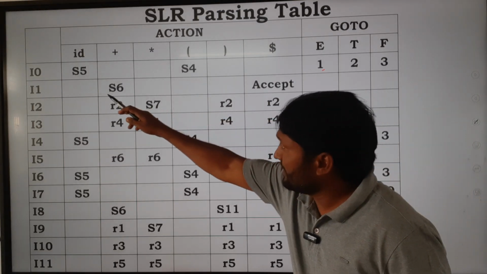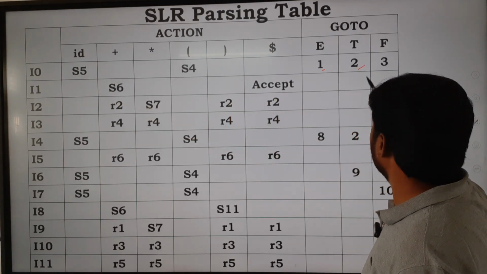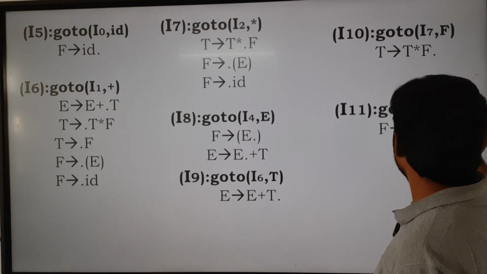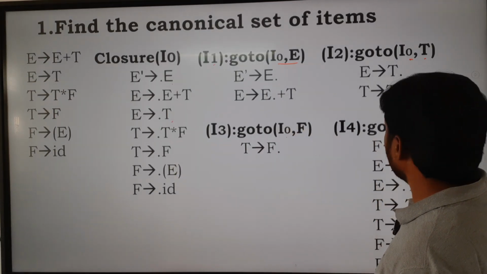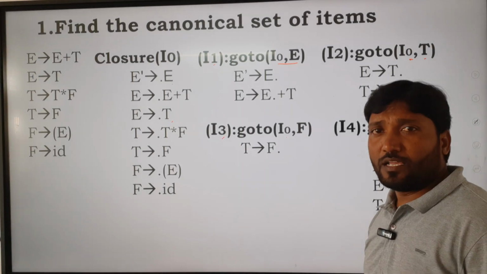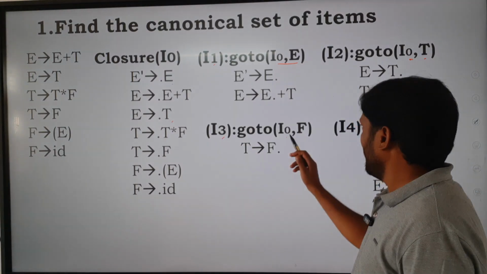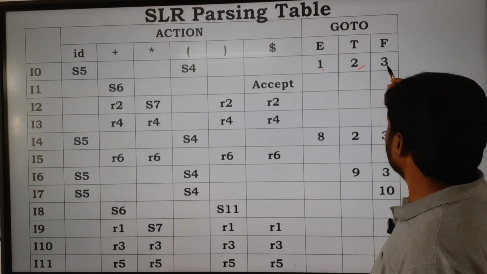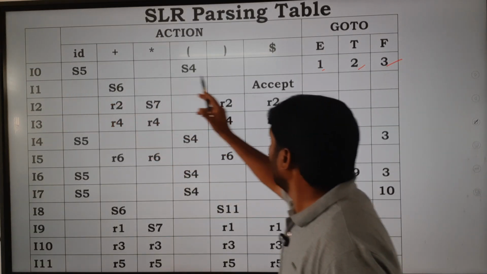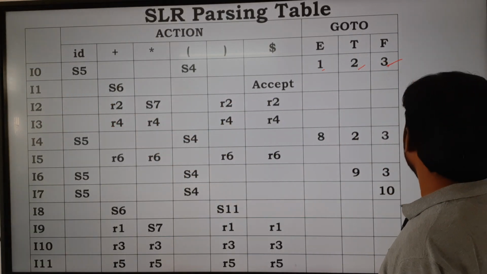Similarly, come to F, where does it end? It ends in I3, so 0 comma F is filled with 3.